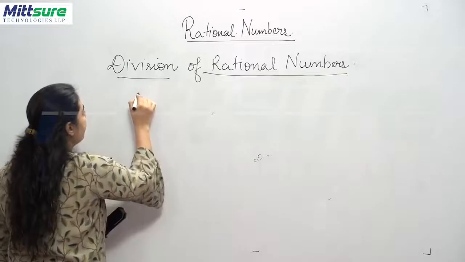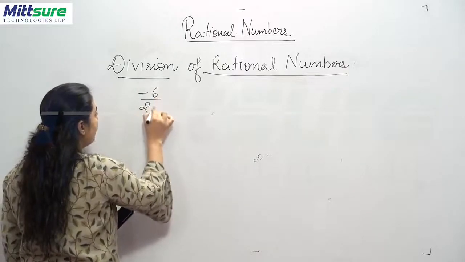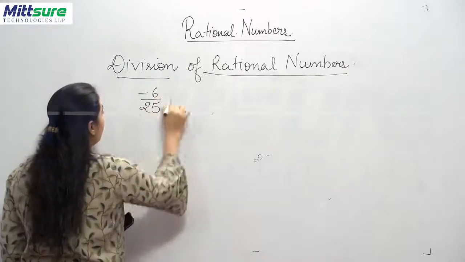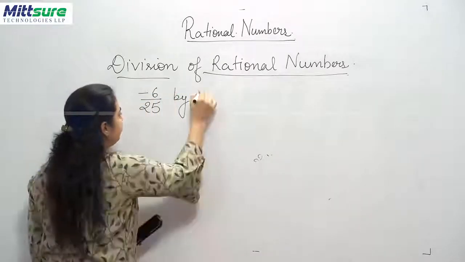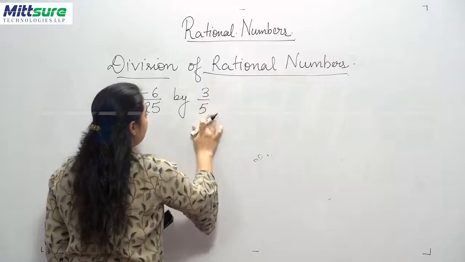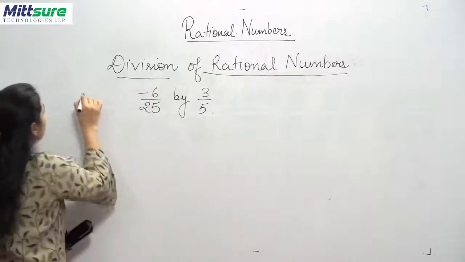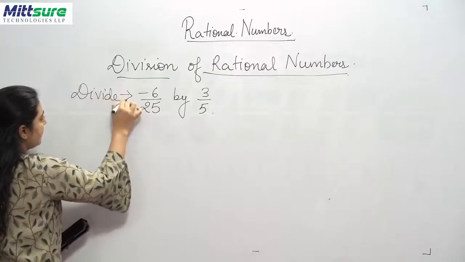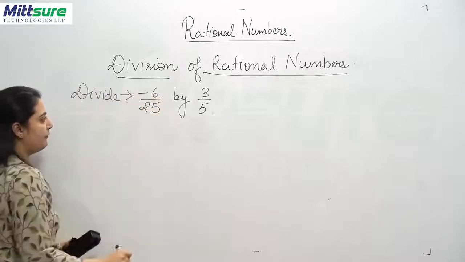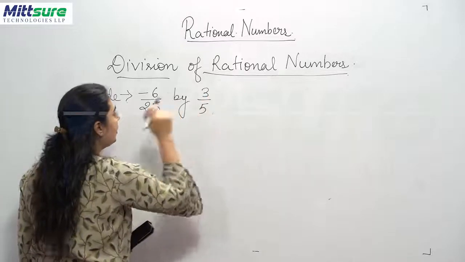So I have minus 6 upon 25 by 3 upon 5. Clear? So what do I have to do? I have to divide minus 6 upon 25 by 3 upon 5.